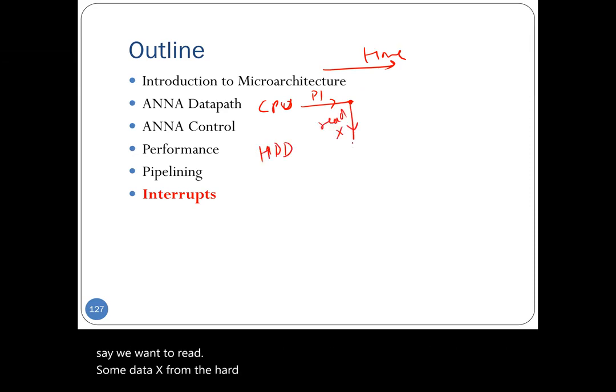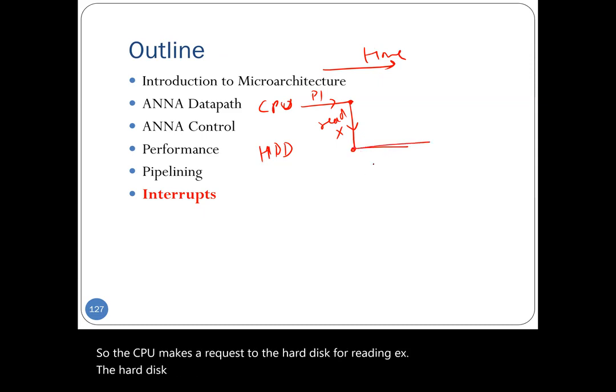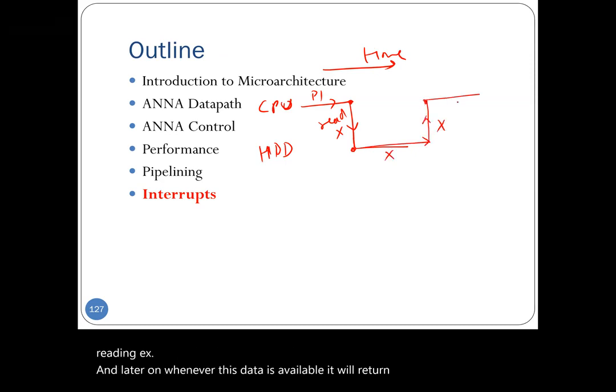So the CPU makes a request to the hard disk for reading X. The hard disk receives this request and works on reading X, and later, whenever the data is available, it returns X to the CPU, and the CPU can continue its execution of process P1.